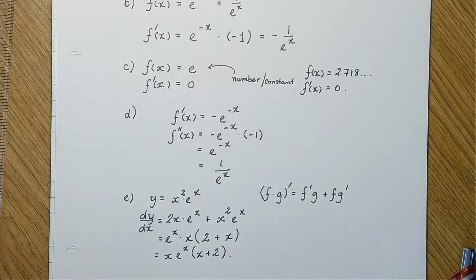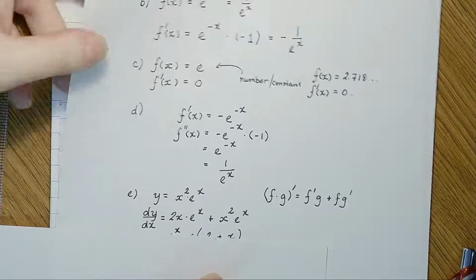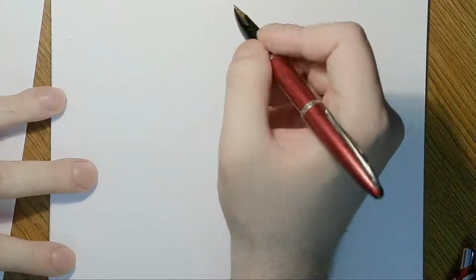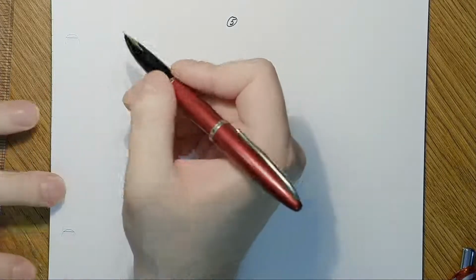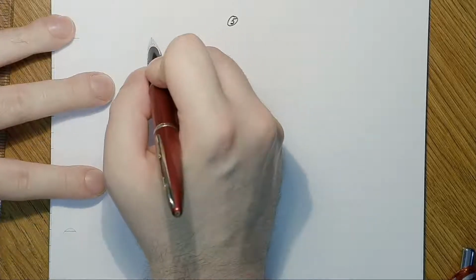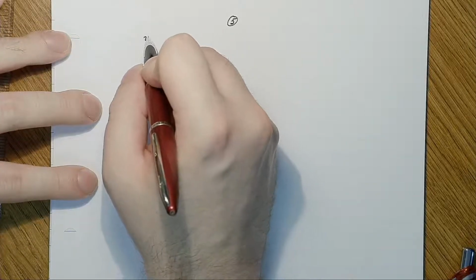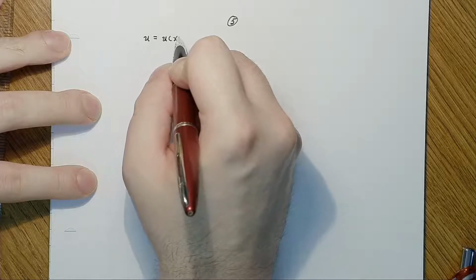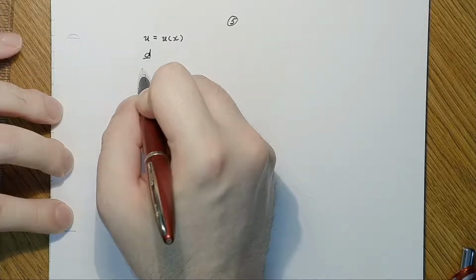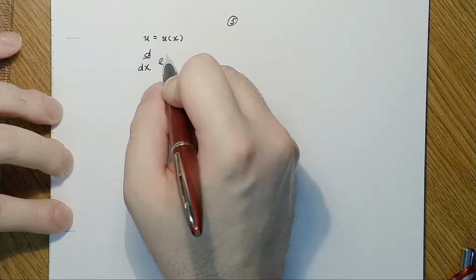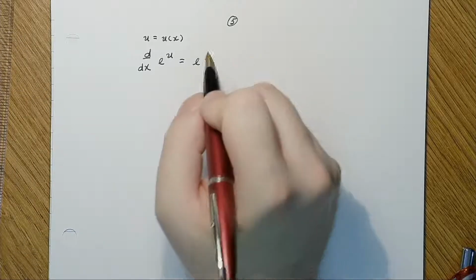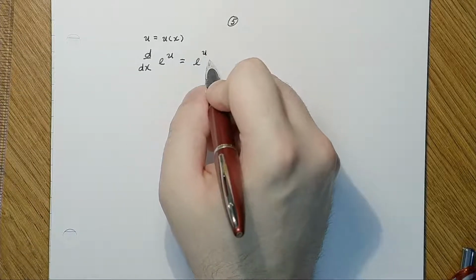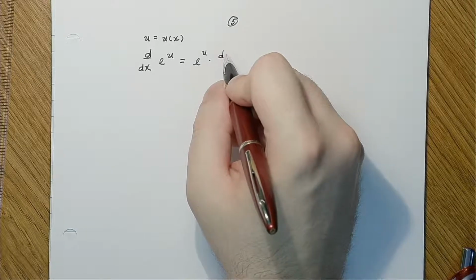Okay, so to summarize what I was doing with this chain rule: if I had some u equal to u of x, and I took the derivative of e to the u, that's equal to the derivative of the outside function, e to the u, times the derivative of the inside, du by dx.